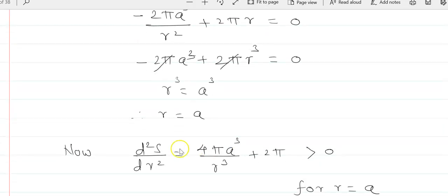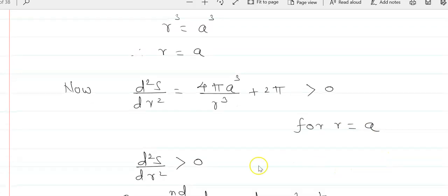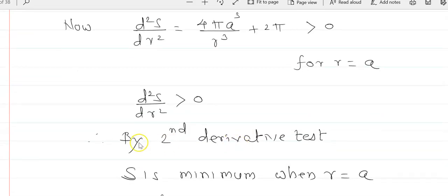Now d²S/dr² is equal to 4πa³/r³ + 2π, which is positive for r equal to a. Therefore, this surface area is the minimum for this condition.